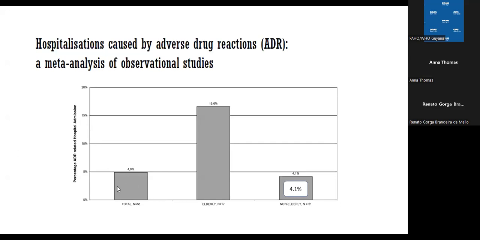But if we look at different vulnerability subgroups, non-elderly patients and elderly patients, you'll see that among younger adults, 4% of all medical hospitalizations are caused by adverse drug reactions.